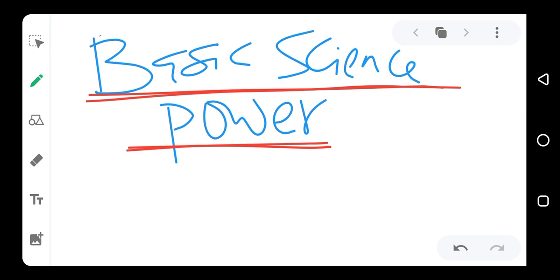Power means the rate of doing work. That is the definition. Power is defined as the rate of doing work. If somebody asks you to define power, you say that power is defined as the rate of doing work. If we are talking about rates in mathematics and physics, we are talking about how quickly that thing is done.